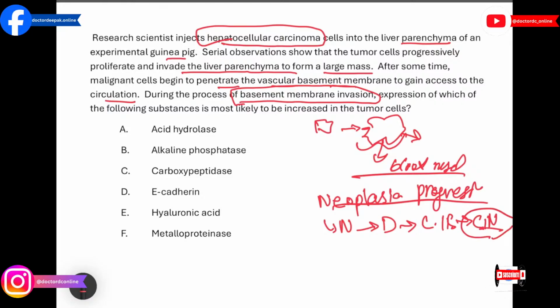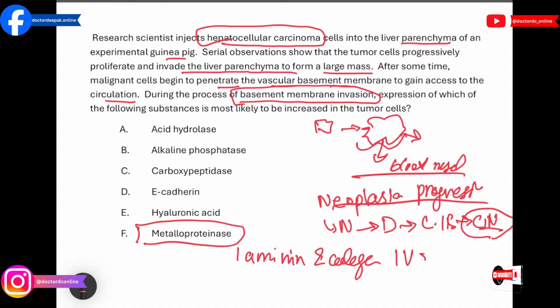In invasive carcinoma, the cancer cells invade the basement membrane due to enzymes like collagenase and hydrolase, and these enzymes are called metalloproteinases. Metalloproteinases are enzymes responsible for the breakdown of the basement membrane, which is composed primarily of laminin and collagen type IV. These enzymes participate in many physiological processes, like tissue remodeling and angiogenesis, but for basement membrane penetration in carcinoma, they are 100% responsible.